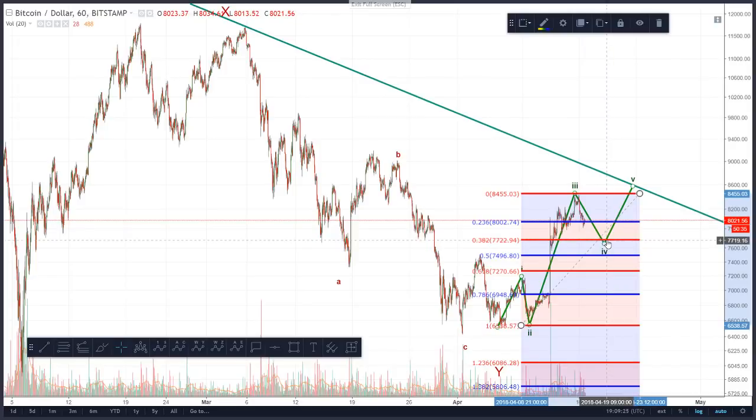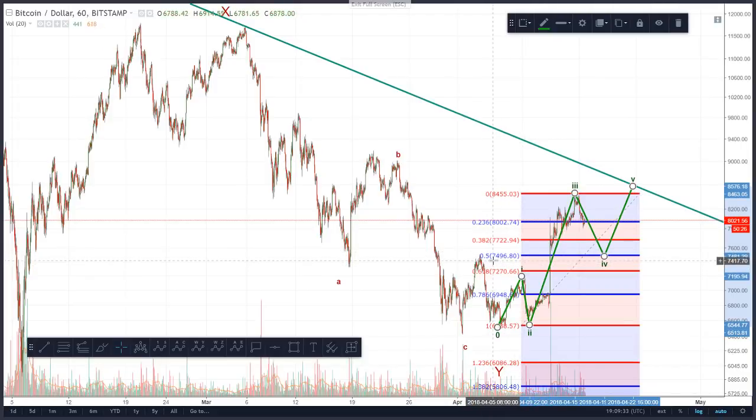If it comes down to 7,700 or potentially 7,500, it could certainly test this 50% retracement. A wave 4 can come down to the 50% quite typically, but more commonly the 38.2. But as I say, it wouldn't be breaking any Elliott wave rules if it came down to 7,200 level, because it wouldn't be overlapping wave 1.